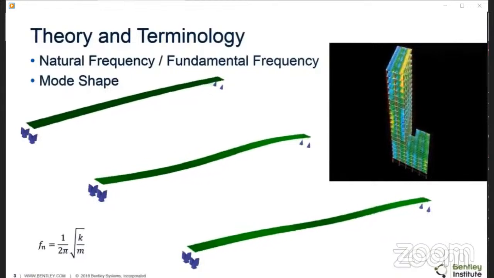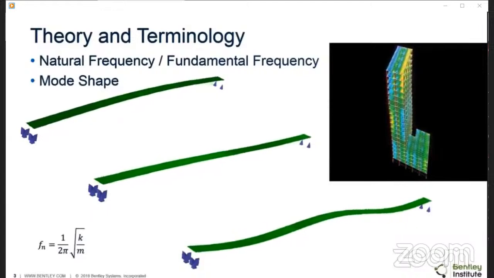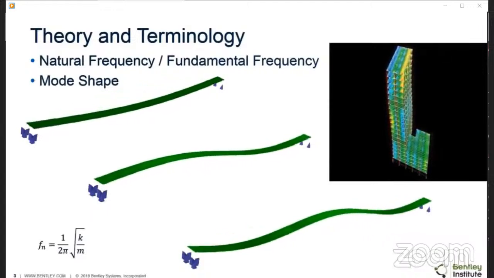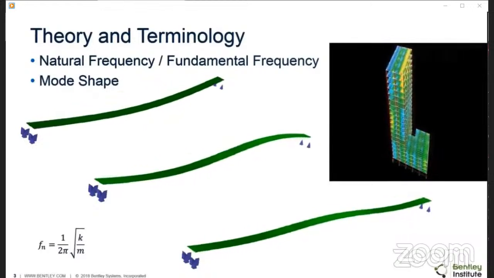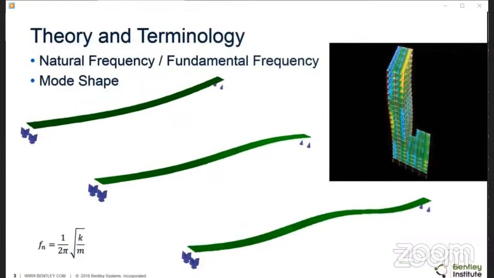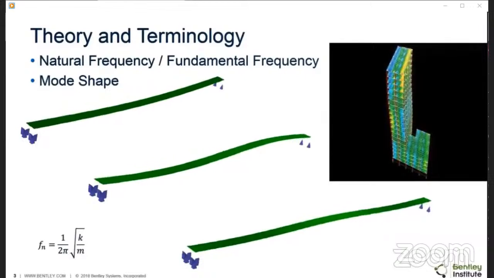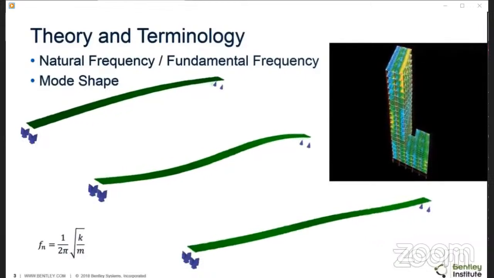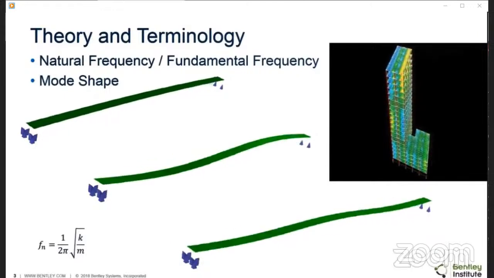We can also calculate natural frequencies for more complex systems. Even a simply supported beam has many natural frequencies and mode shapes. The natural frequency is just the frequency at which it oscillates, and the mode shapes are the deformation shapes that correspond to each particular mode of vibration. So you'll see here for a simply supported beam, we're showing 3 different mode shapes.